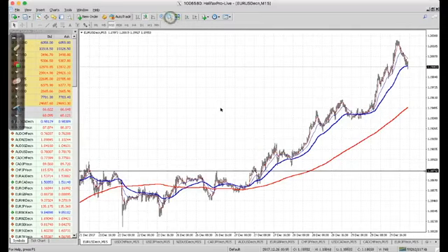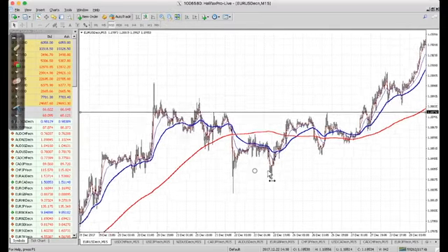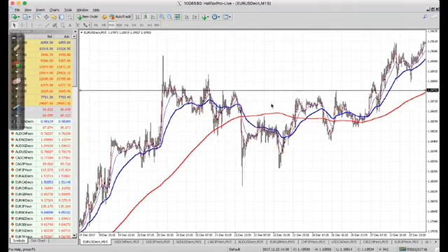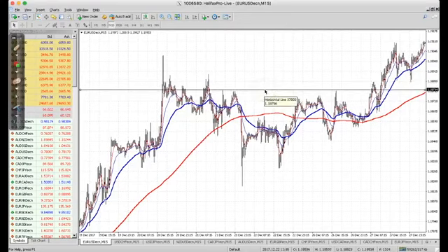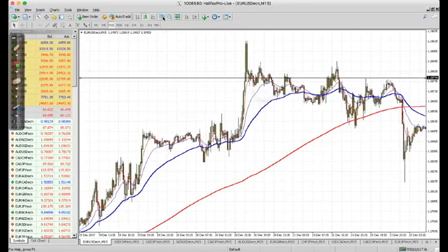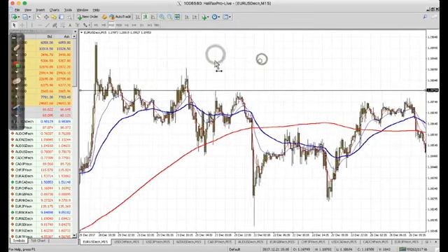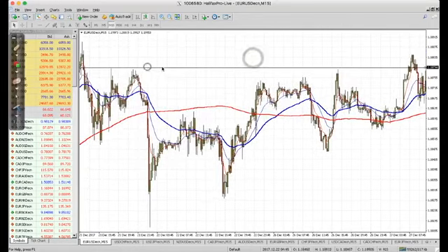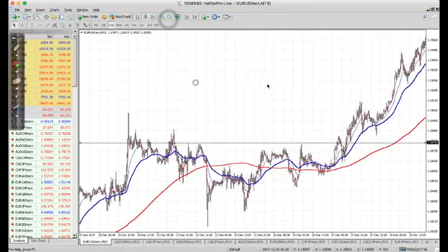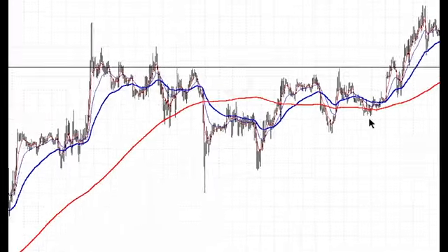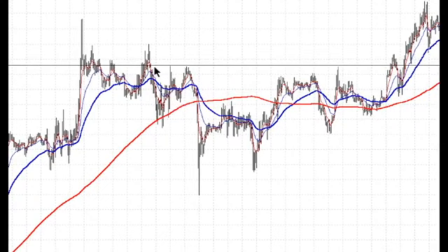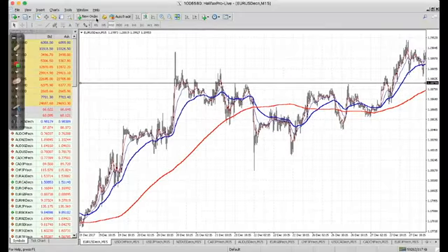Again, I can zoom out so I get a better look at it. All right, I'll place a resistance somewhere here. There we go. So why do I place a resistance over here?